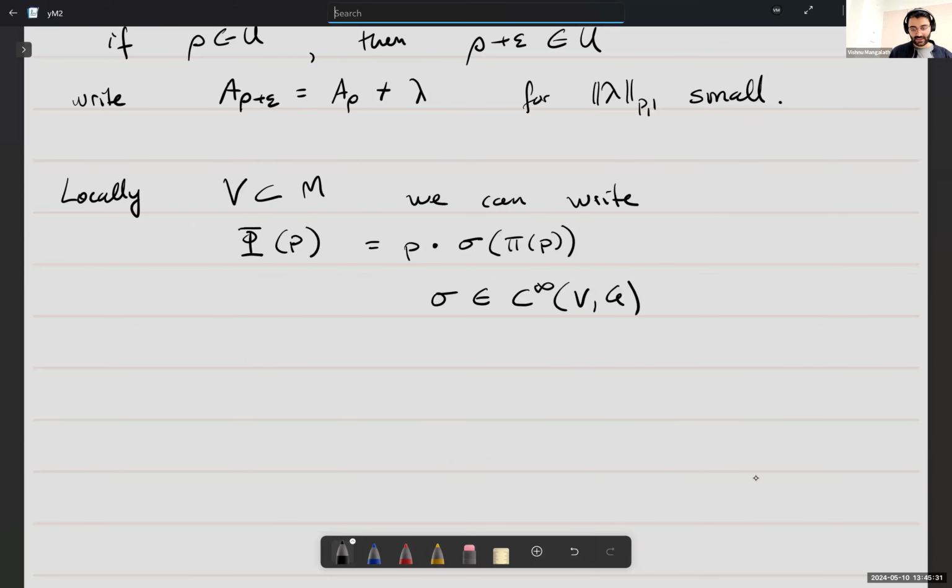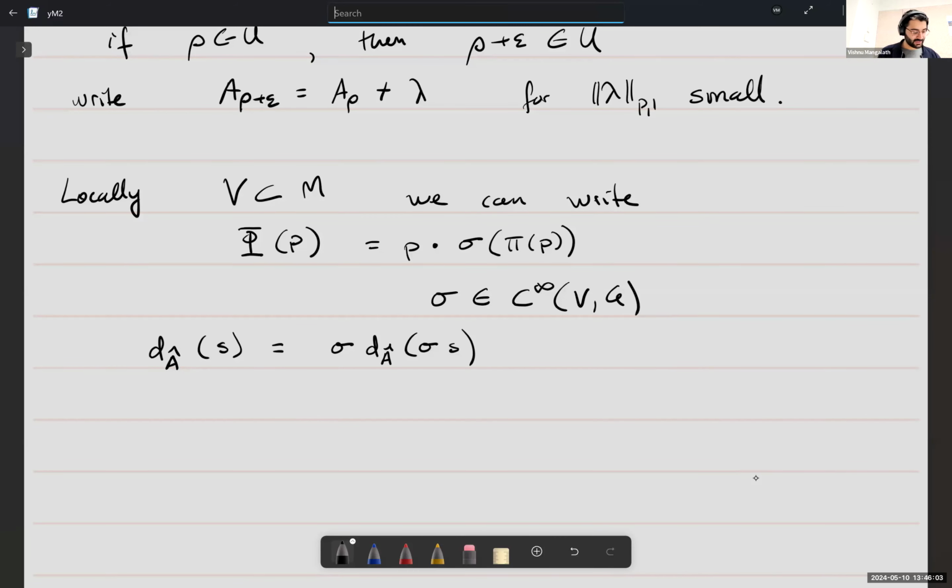Then if you write what the local equation for the gauge transformation is in terms of sigma, we get that dA hat of a section is equal to sigma dA hat sigma S. Actually, I think it's not exactly correct to write it this way for principal bundles.